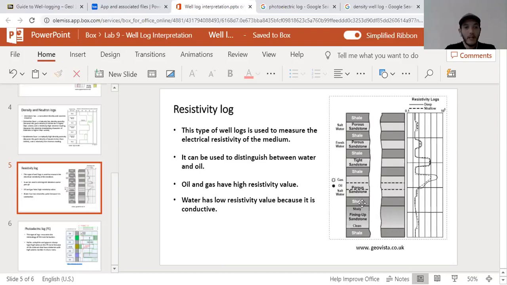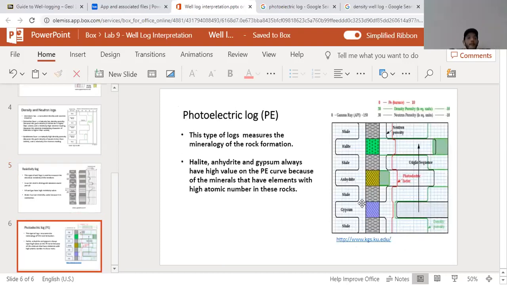The last one is called the photoelectric log. In general, it's focused on the mineralogy of the formation, because some minerals in evaporites like halite and gypsum have elements with high atomic number.